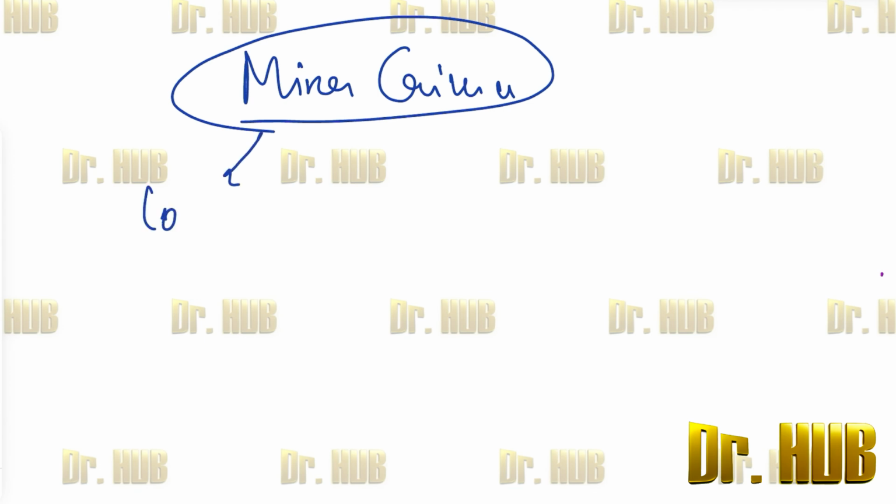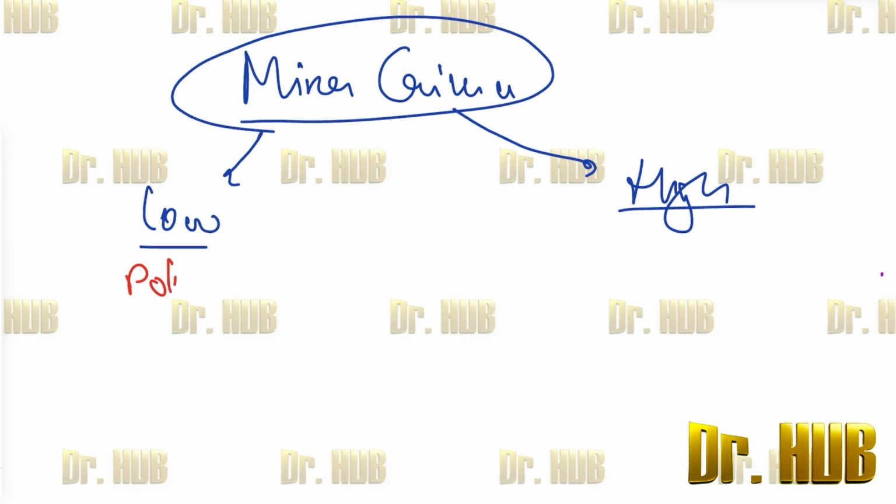So we have the low risk, and let's divide it by the high risk, and in case it is common, we are going to write it in between. In the minor criteria in the low risk, it is going to be the polyarthralgia. And in case of the high risk population, it is going to be monoarthralgia.